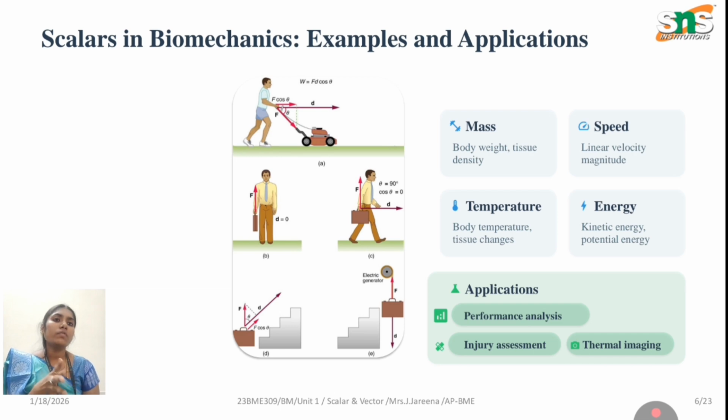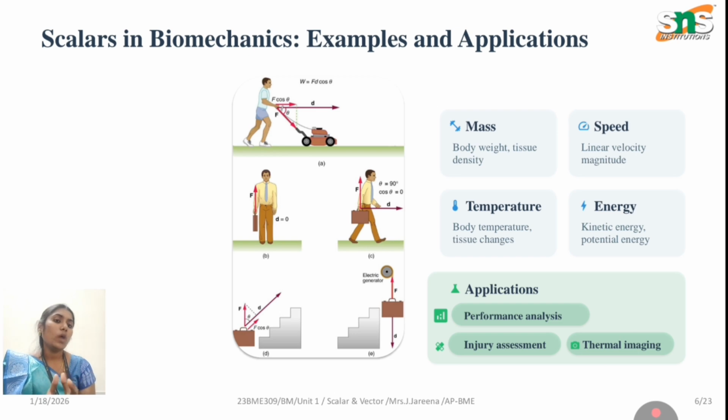The application of scalars in biomechanics is that you can do performance analysis of your body, that is your body movement. And second, you can even assess injury. Okay, in what condition the injury has occurred, how extreme it was, at what stage it occurred.